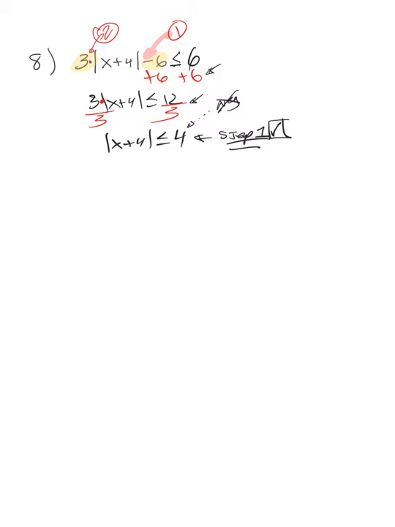Step 3 is to write a compound sentence. Which compound sentence do you think we should write? Doesn't it say we have to be less than or equal to 4 units? So if you're thinking in your head as to which sentence we should write, where would you be standing if you had to be less than, right?